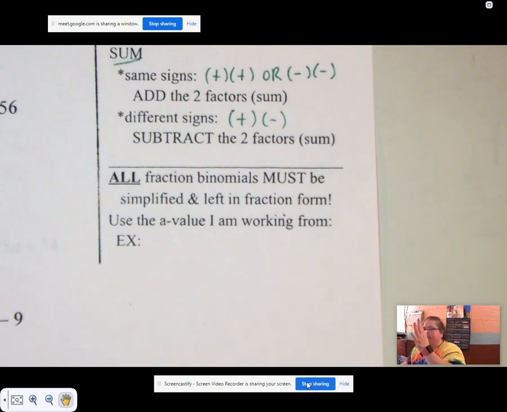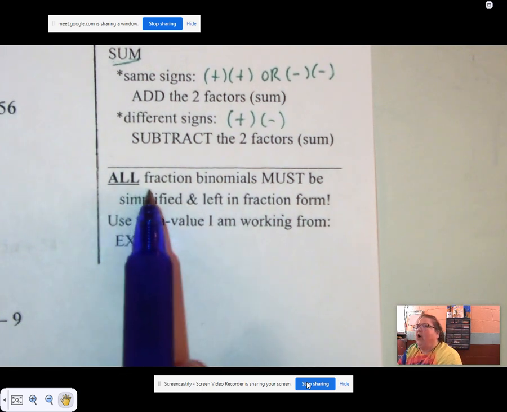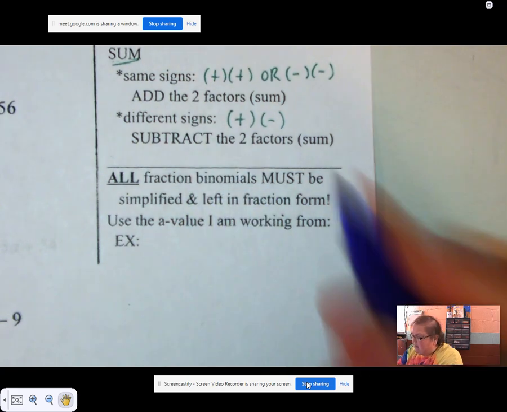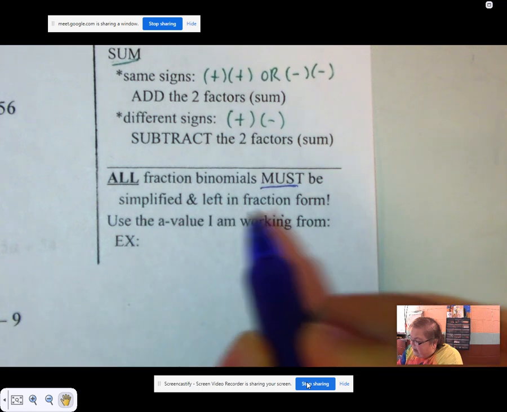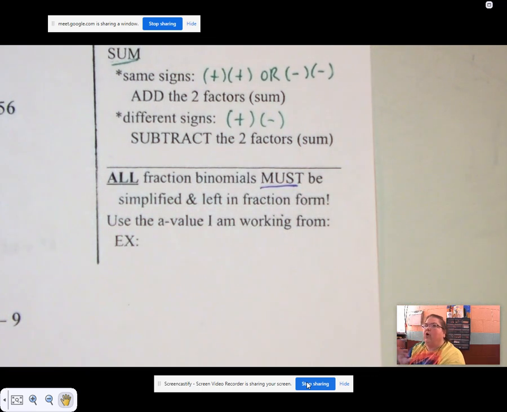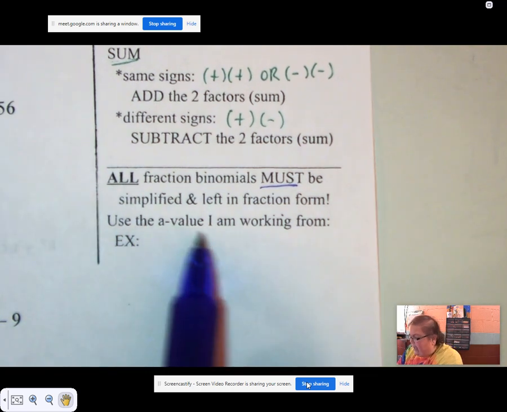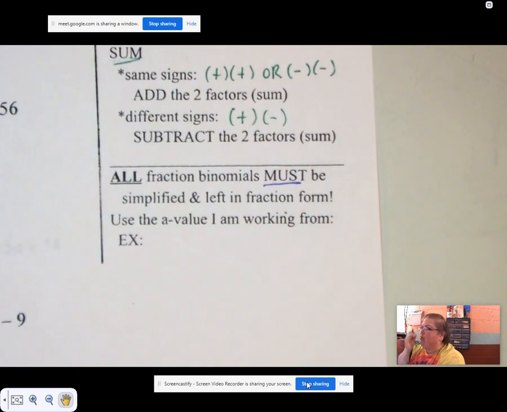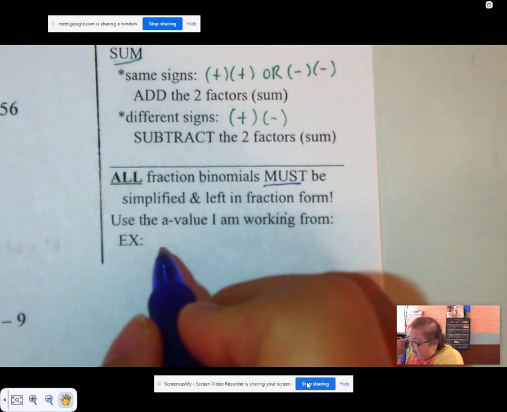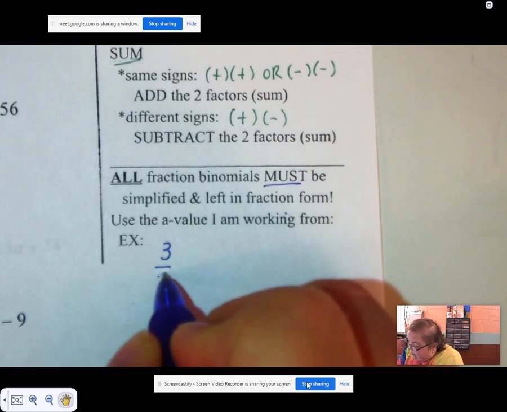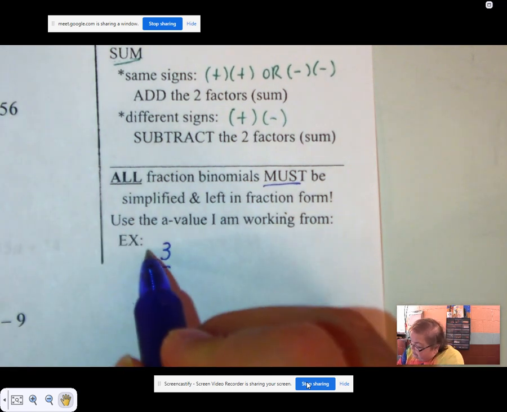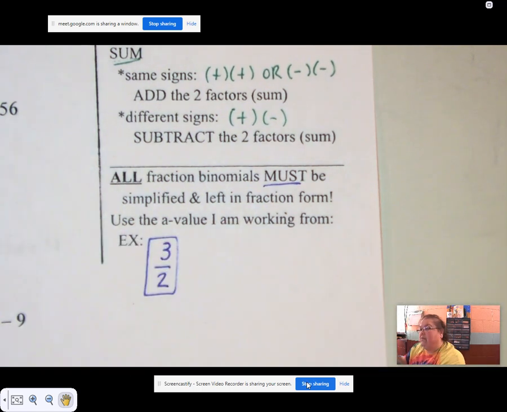And our final piece of information that we need is that all fraction binomials, so if you've got fractions, they must be simplified and left in fraction form. There are no decimals here, okay? And we're going to use the A value that I'm working from, okay? And again, this will be explained here when we get started. But my example here is if you have 3 over 2, that is already simplified, and this would be my final answer there, okay?